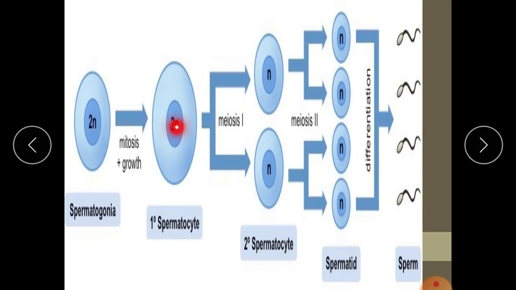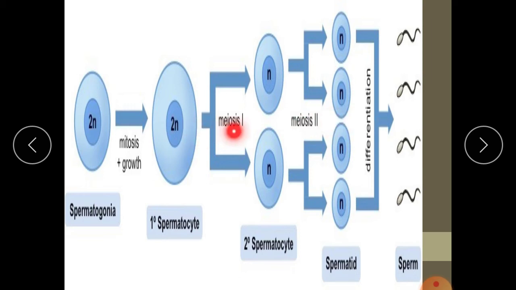Primary spermatocyte and spermatogonia are genetically similar; both are diploid. The only difference is size: this is smaller, this is larger. This primary spermatocyte undergoes meiotic cell division. This is the first meiosis and this one is the second meiosis.